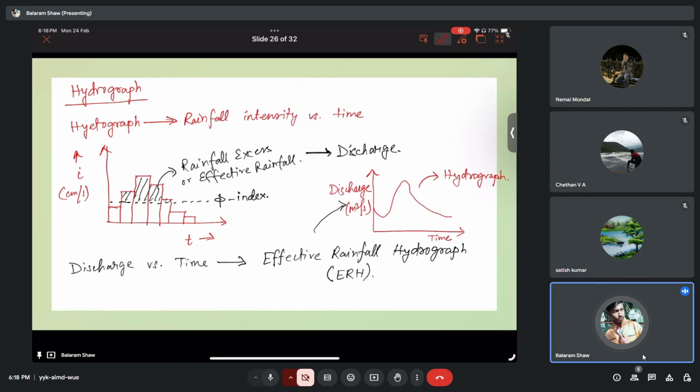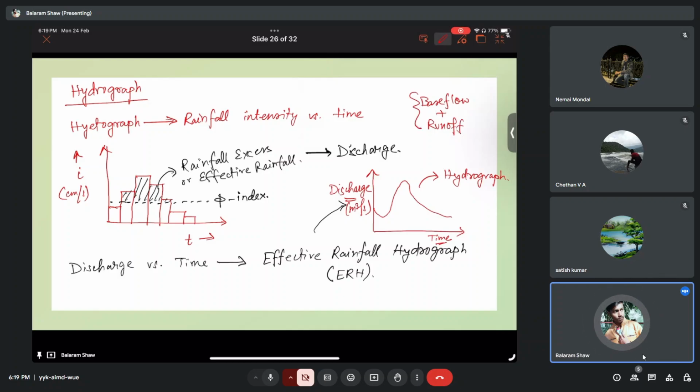So this is discharge versus time, right? We have seen that the runoff we studied in the last tutorial session, and before that the stream flow. We have also seen that the total discharge is the addition of base flow and runoff.